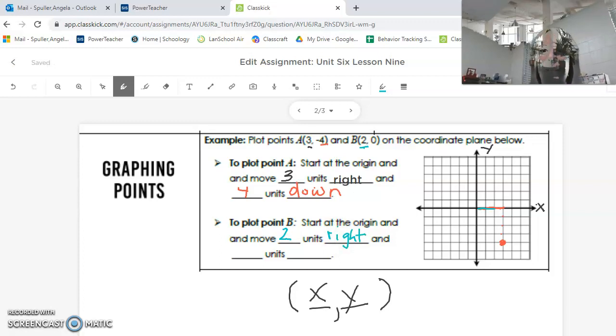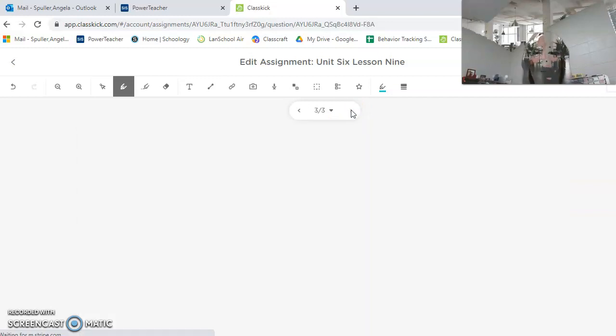And it says 0 for Y, so I'm going 0 units down or up. So that's a really bad O. So I'm going over 2, but I'm not going up and I'm not going down, so this point is on the x-axis. Great job.